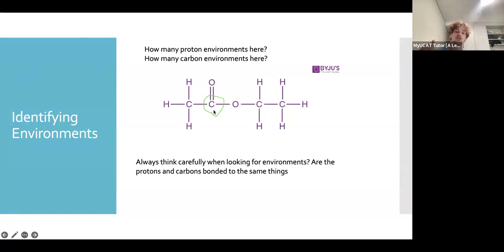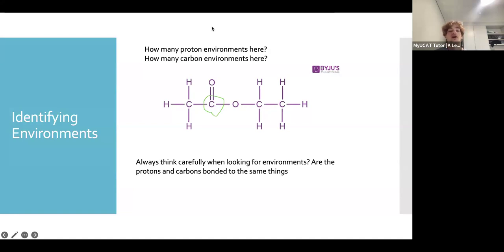So double bond to oxygen, single bond to carbon, single bond to oxygen. This carbon over here has three single bonds to hydrogens and then a single bond to the rest of this molecule. This carbon is bonded to two hydrogens, bonded to a methyl group, bonded to an oxygen and the ester group. And then this one over here is bonded to three hydrogens and bonded to the rest of the ester.